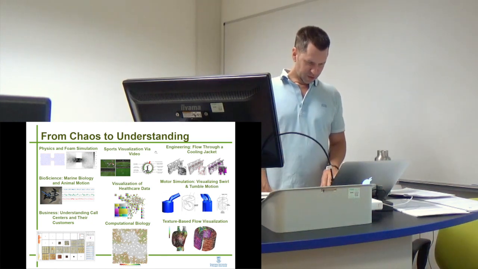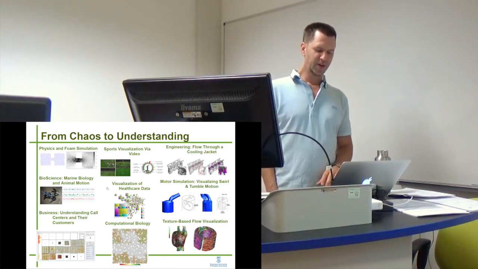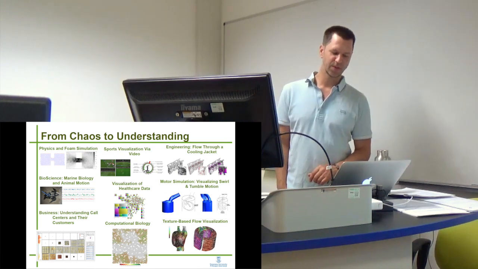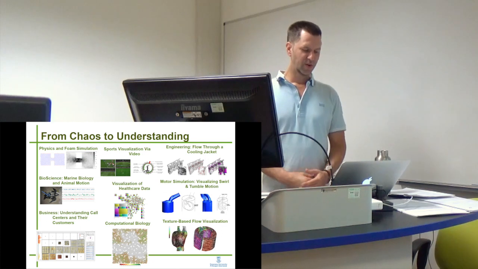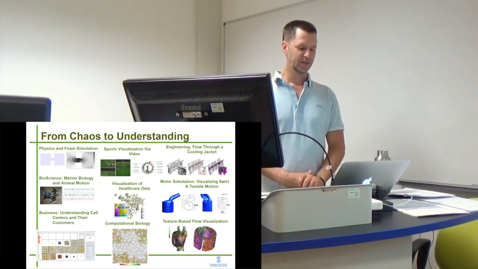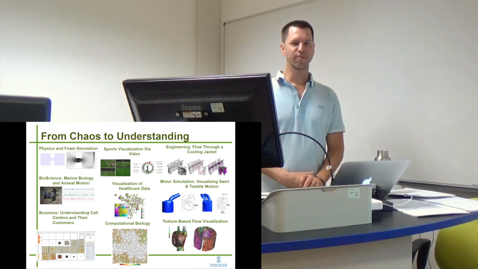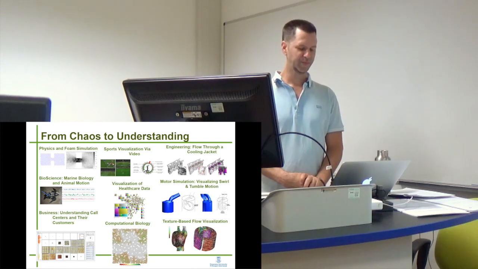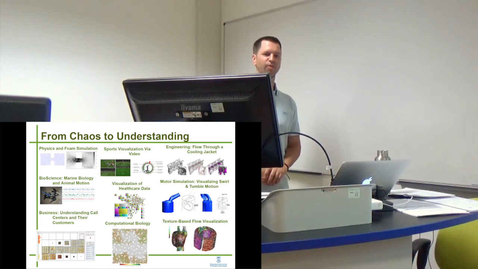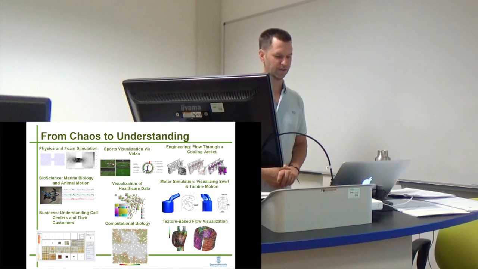We have visualization of population healthcare data as one of our examples. So, as you know, the NHS collects the data about all of our health, and they anonymize the data and they release it to the public. So we can study patterns and look for patterns and trends in healthcare in the general populace with that data set.